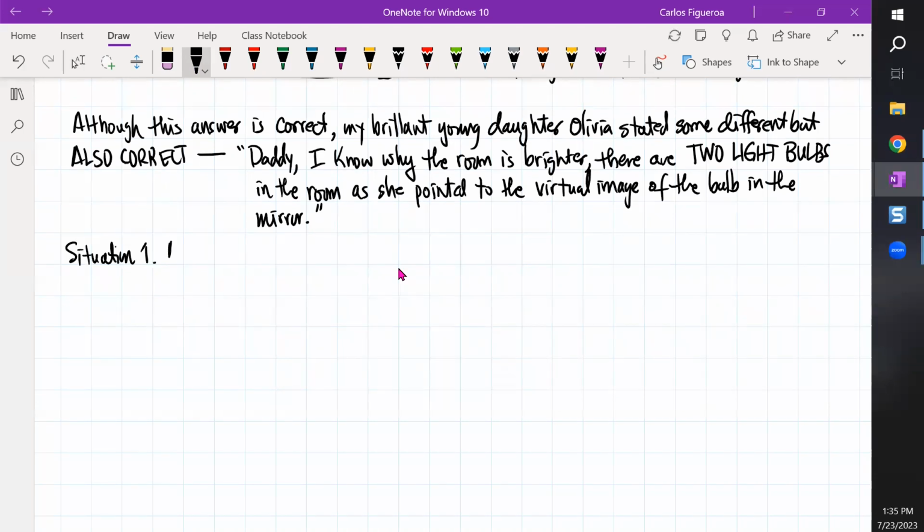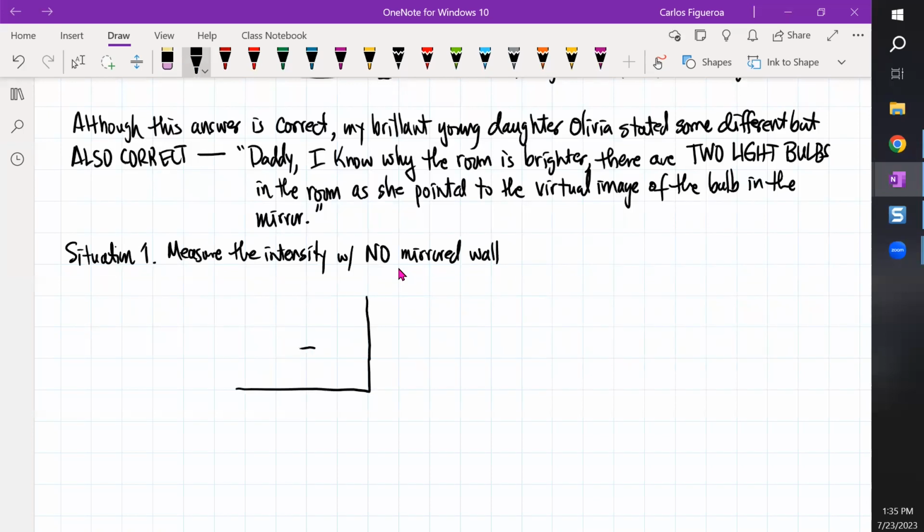And what we're going to do here is measure the intensity with no mirrored wall. So let's say that this is my wall. Let's make it 3 squares. And I'm going to put in a light bulb right here.